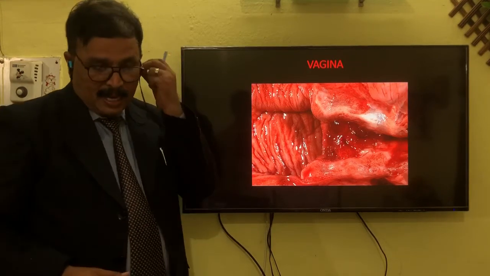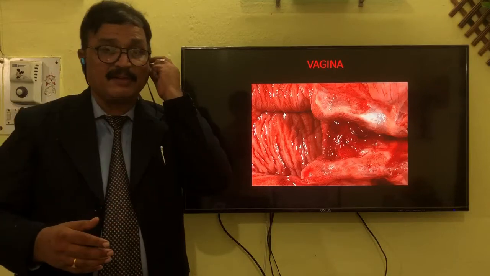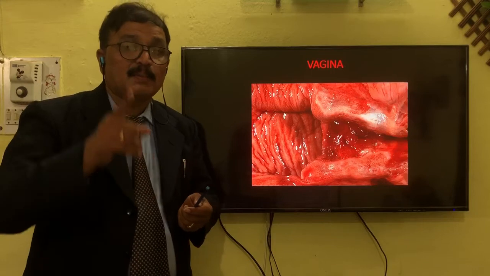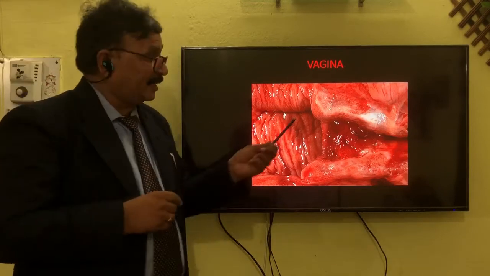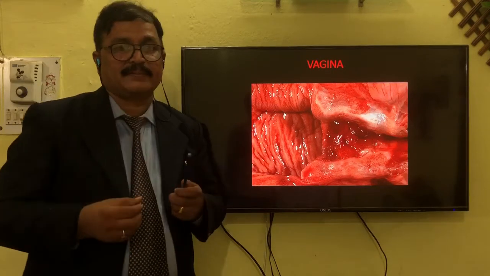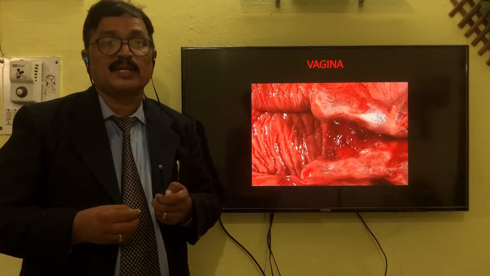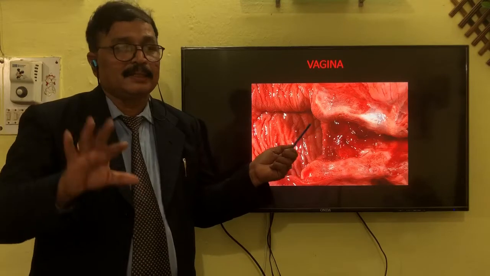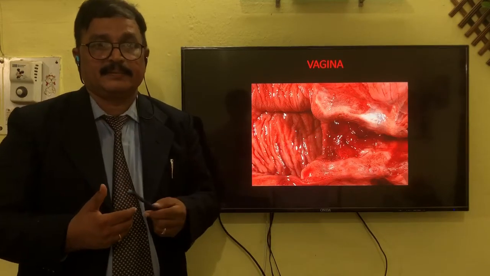The wall of the vagina has some glands, like the bulbourethral glands of the male, and they secrete some lubricants during sexual intercourse or coitus, so that the movement of the penis can be facilitated easily for the deposition of semen.